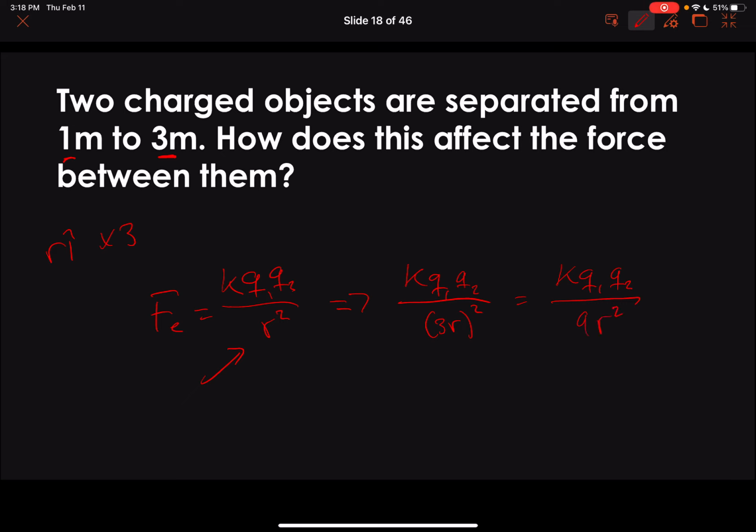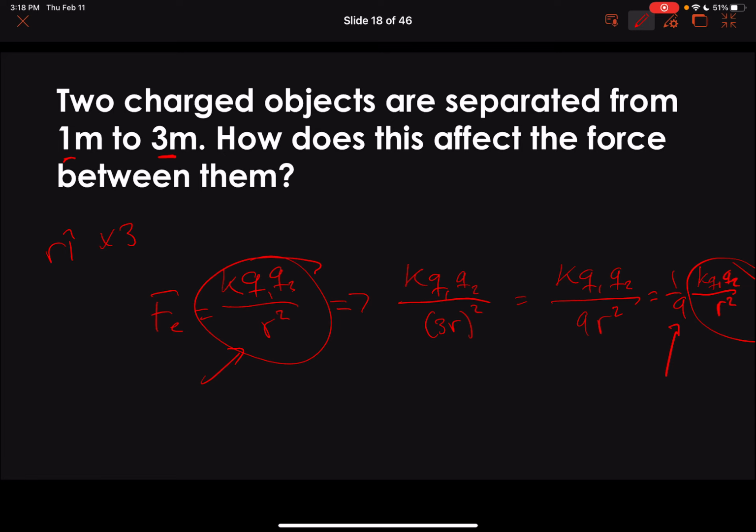The 3 gets squared and then the r gets squared, so we're left with that. And so we're actually getting 1/9 of the total force, because if we pull out that 9 to the side, it's just 1/9 times all this. And so if we compare this with this, they're the same thing, except this is 1/9 of our original force. And so this is called, it's the inverse square law is what you can refer to it as.